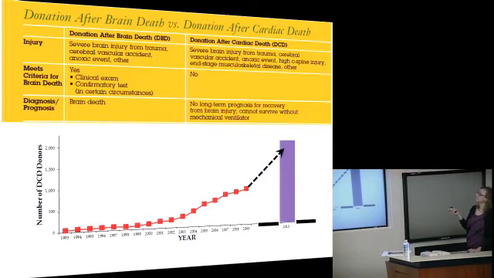Donation after cardiac death, or DCD for short, are being utilized for other organs such as the liver, the lung, the kidney, but because of the ischemic damage that happens following cardiac death, there's a concern that these hearts may be irreversibly damaged.